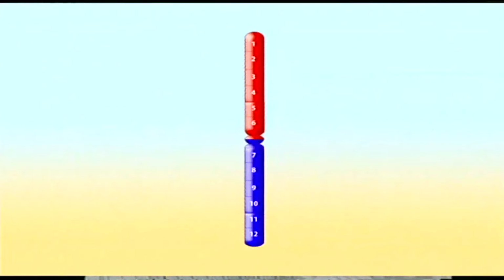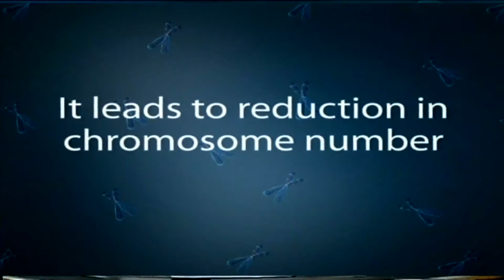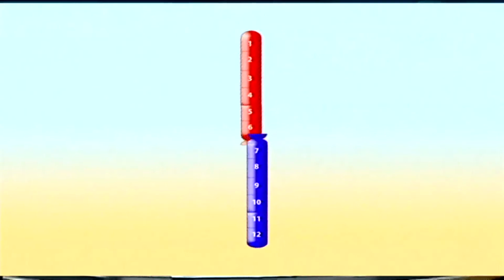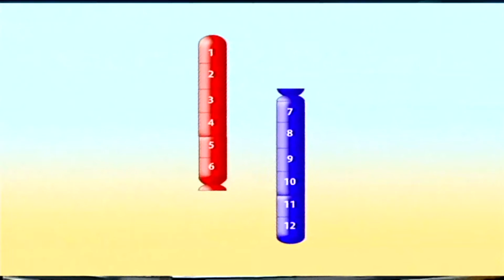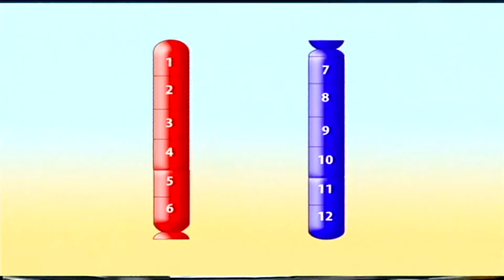This type of fusion is called centric fusion, and since two chromosomes form a single metacentric chromosome, this leads to a reduction in chromosome number of a cell or an organism in which such a translocation takes place. In another situation we have centric fission. In this case, a metacentric chromosome will break at the centromere and result in the formation of two telocentric chromosomes.